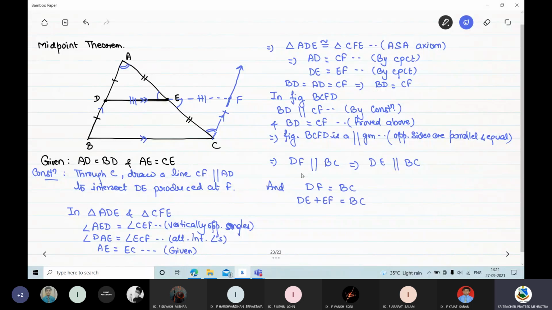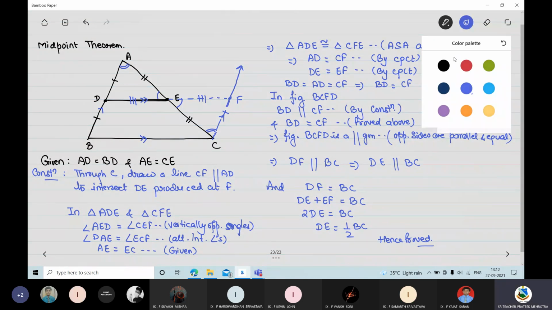DE is equal to EF. So we can say 2 times DE will be equal to BC. So the value of DE will be half of BC. Hence proved. So we have proved both the things. First, that DE is parallel to BC and that DE is half of BC. Is this clear to everyone? Yes, sir. So this is the midpoint theorem.